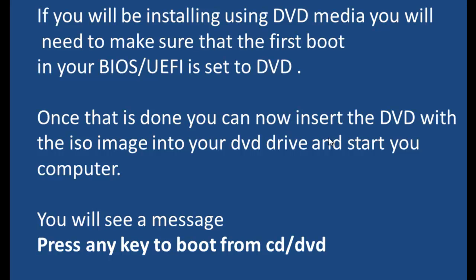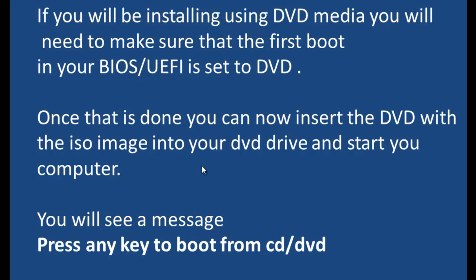To do that, you're going to need to enter the BIOS of your computer or the firmware, and set the first boot to your DVD drive. Once you have done that, then you're ready to go. You insert the DVD with the ISO image that you downloaded into your DVD drive, and you can restart your computer.